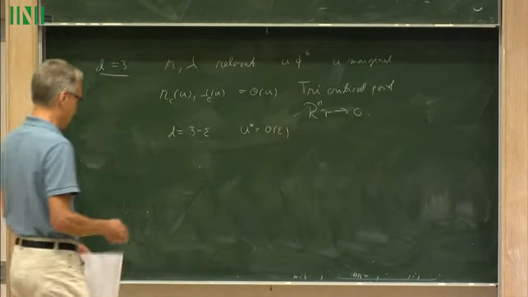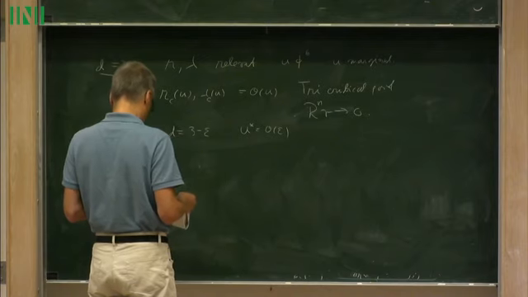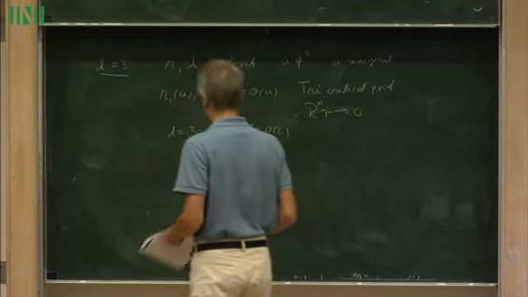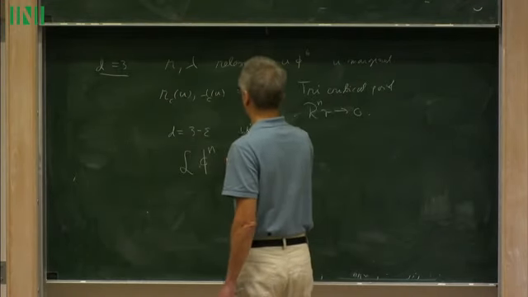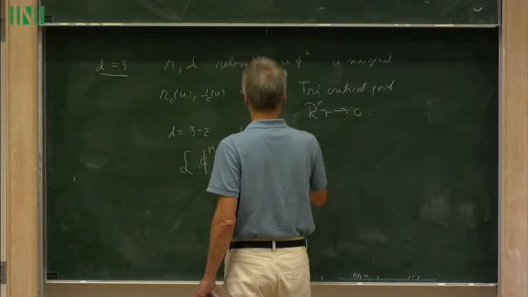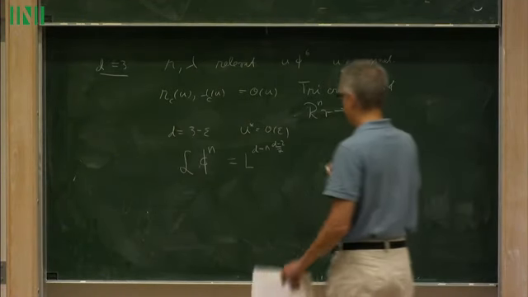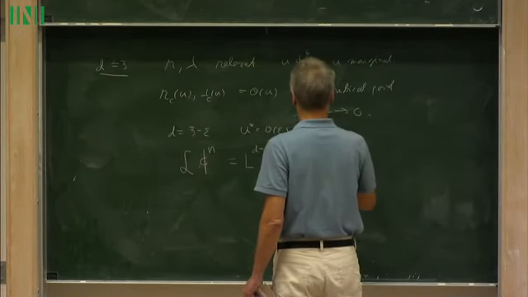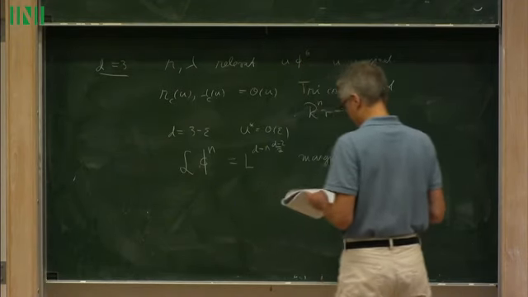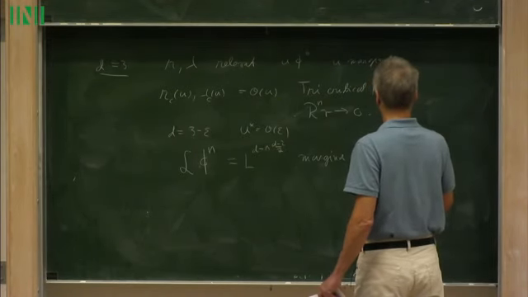Now you can keep on doing this business, going down with the dimension formally. Remember, if I take phi to power n, then this goes like L to d minus n times (d minus 2) over 2. So this becomes marginal at critical dimension d_n equals 2n over n plus 1.